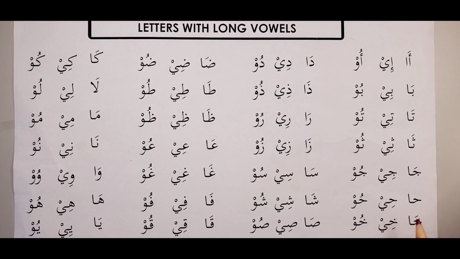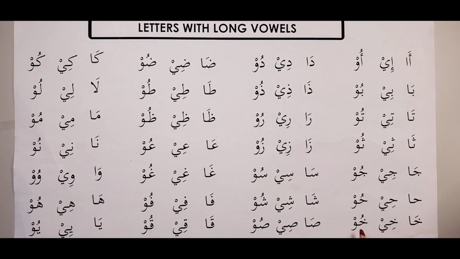And then here we have Ha, Hi, Hu. Ha, Hi, Hu. Then we have Kho, Khi, Khu. Kho, Khi, Khu.